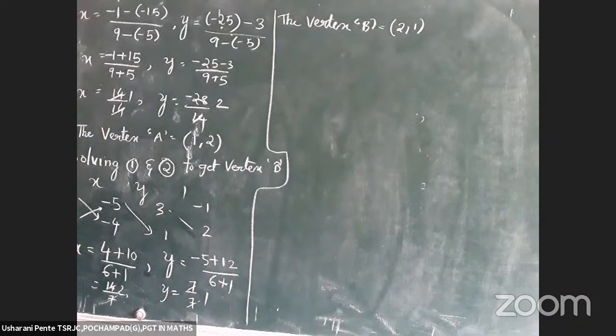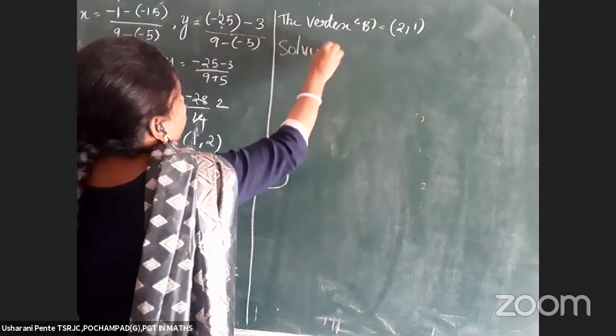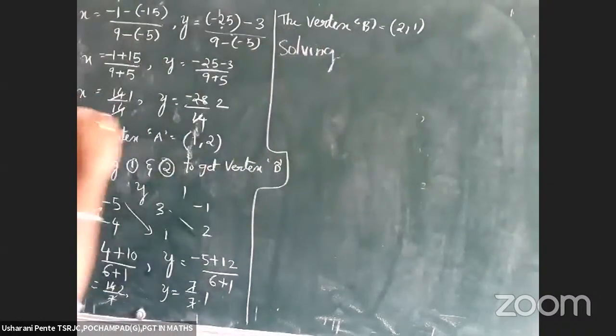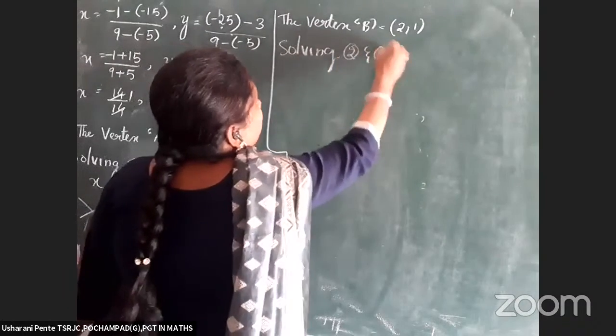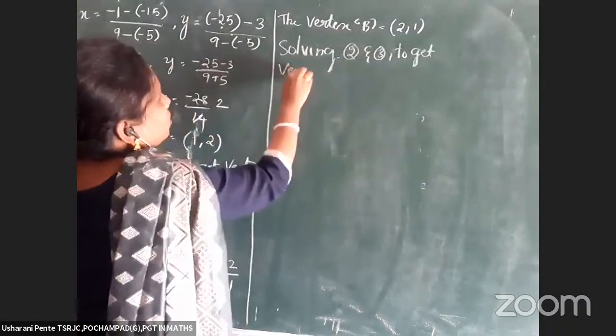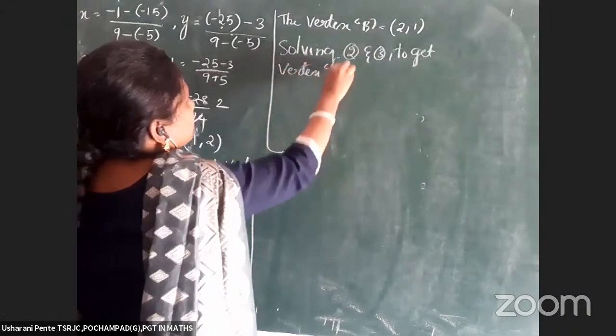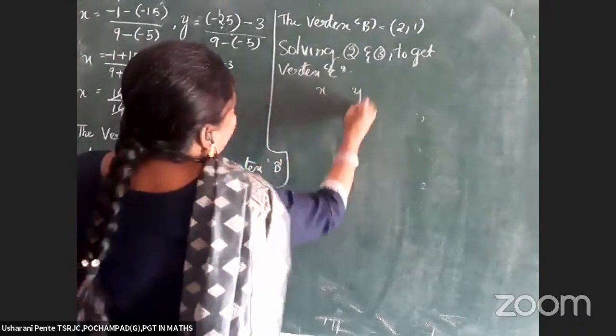Now, to get the vertex C, these two equations we need to solve. That is solving equation 2 and 3 to get vertex C. So, x, y and 1.